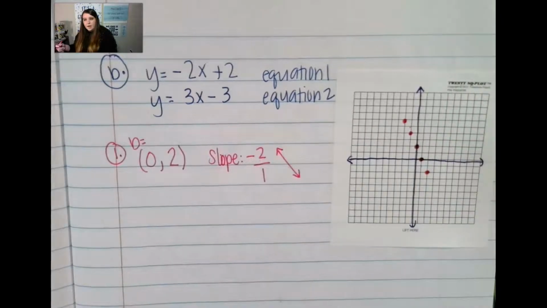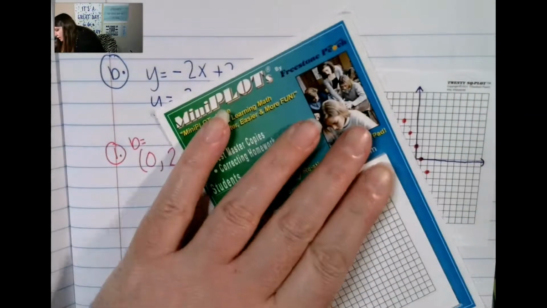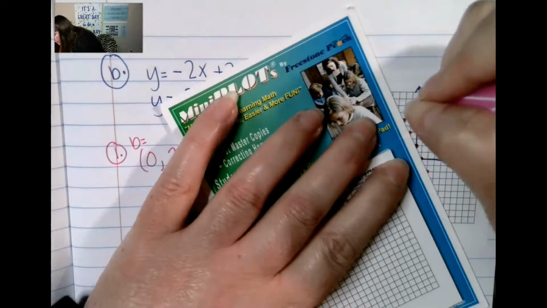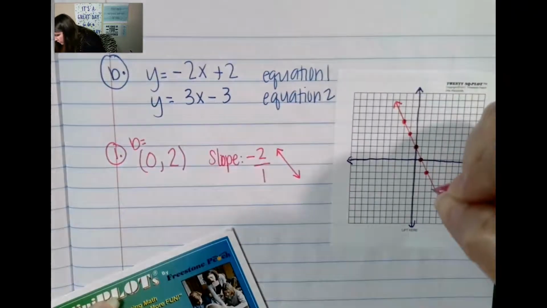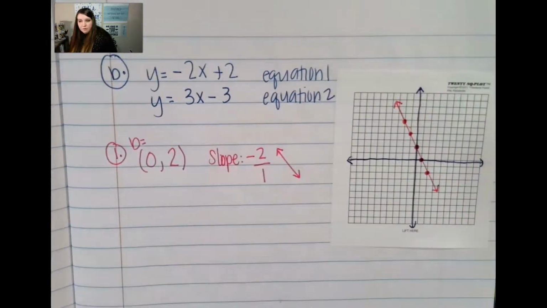Okay, now we can connect our line. There we go. And we have equation 1 graphed.